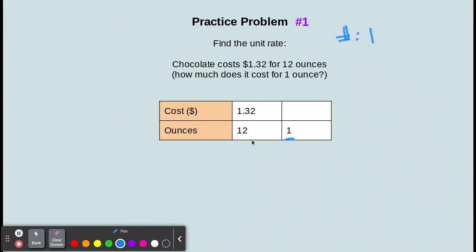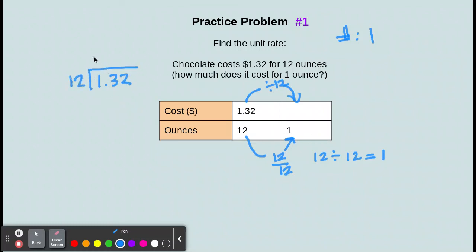So how do we get from 12 to 1? 12 divided by 12. 12 divided by 12 gives us 1, doesn't it? So if we do that there, what must we do at the top? We also must divide by 12. So 1.32 divided by 12 gives us 0.11.